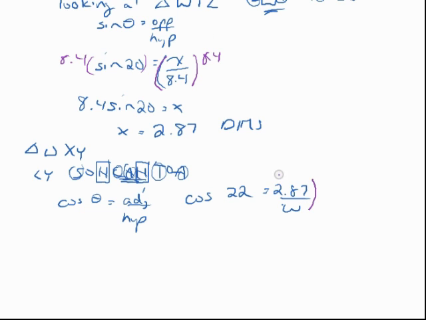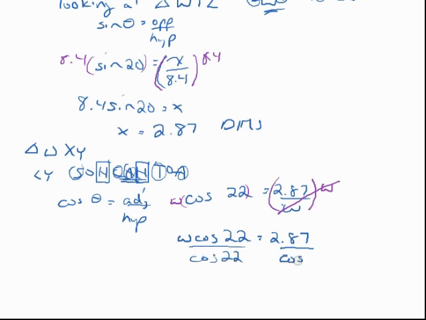Magic algebra pen, we have to get the W on top, so we're going to multiply it on that side. Those cancel. We're going to multiply this side by W. And now we have W cos 22 equals 2.87. Divide that side by cos 22. Those cancel out.